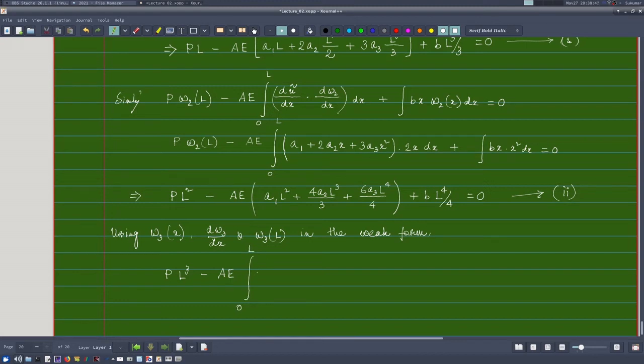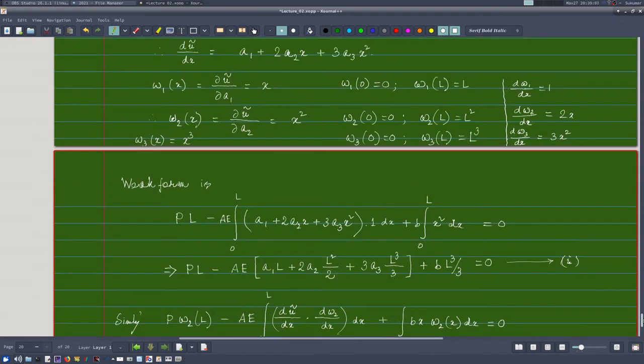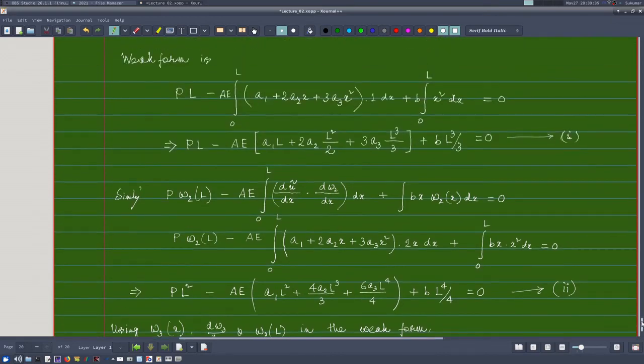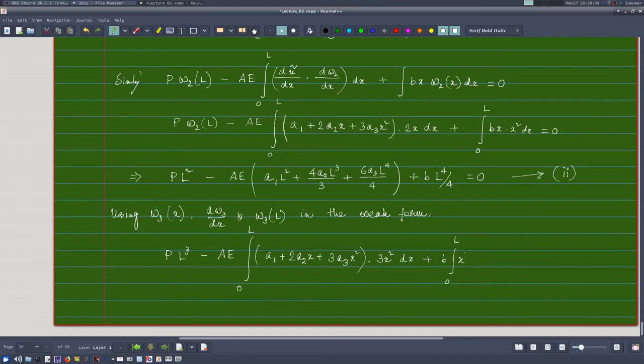This term will remain same, A1 plus twice A2x plus thrice A3x square into dw3 dx. dw3 dx is thrice x square, so multiplied by thrice x square dx, plus b into integration of, these limits I should put, I'm sorry, 0 to L, px into w3. w3 is x cube, so x into x cube, so I am writing x to the power 4 dx.